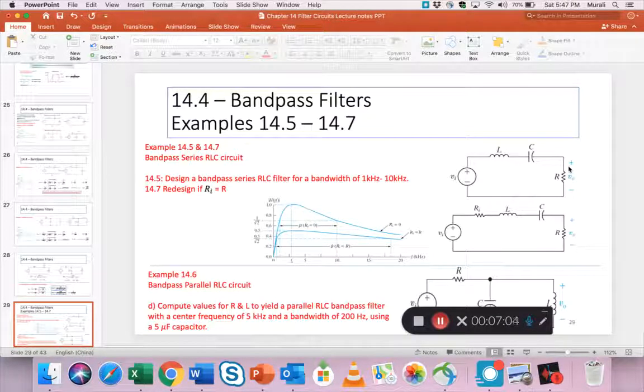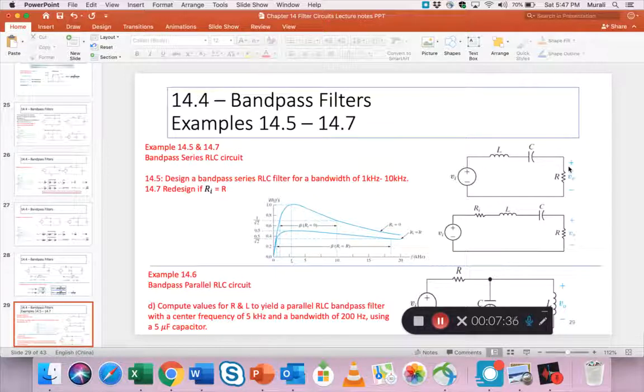So if you take the geometric mean of 1 kilohertz and 10 kilohertz, you come up with 3162. Now, using this value in the formula for omega 0, the center frequency, which connects L and C, and we already know C, we have assumed 1 micro, he comes up with a value for L.